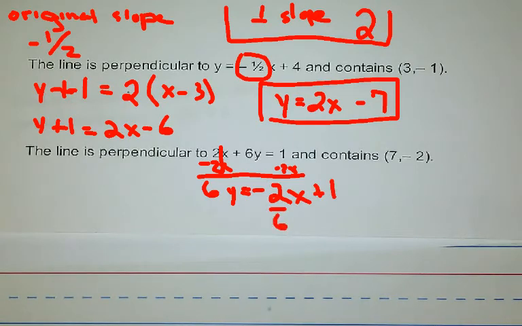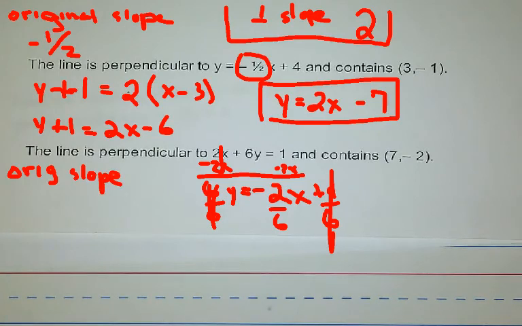Divide by 6, divide by 6, divide by 6. Yay! Remember, I don't care about this thing. I don't care about this thing. All I care about is the slope. So, remember that the first thing you have to find is the original slope. For the line that I have right now, remember you have to reduce your fraction. That would be negative 1/3.